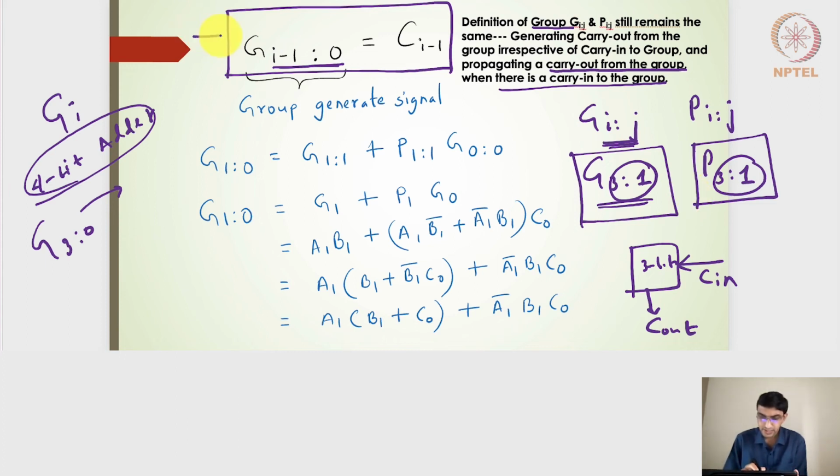The group-wise generate signal Gi minus 1 to 0 is nothing but the carry input for the ith bit.